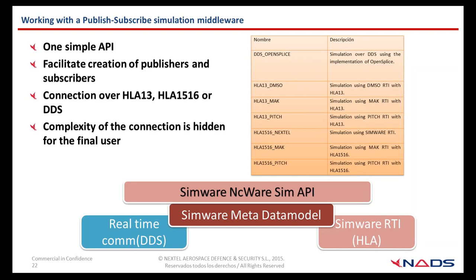The complexity, how to connect, the use of the APIs, everything is hidden from the final user. So with the same API, with the same code, you can run sometimes as a federate in HLA or sometimes as a participant in DDS, just with the same source code.